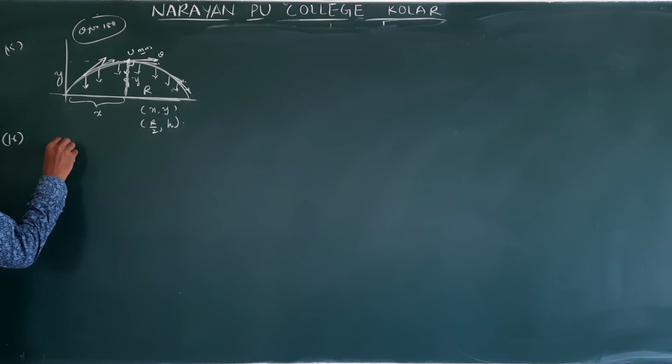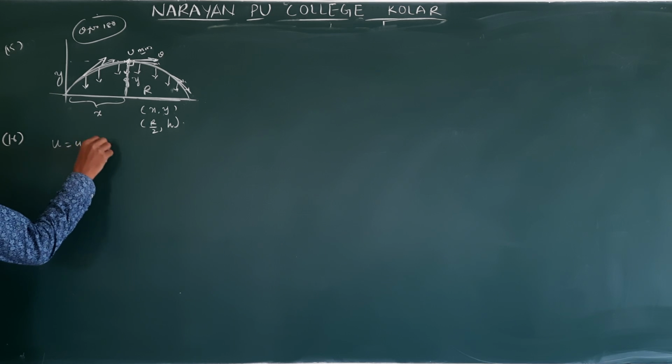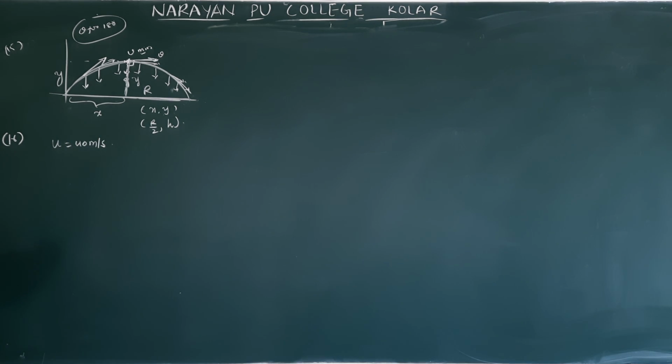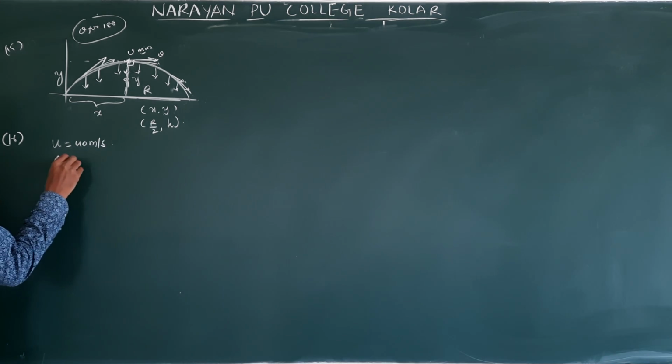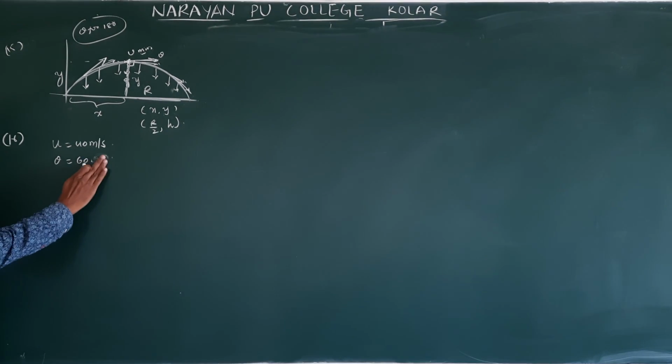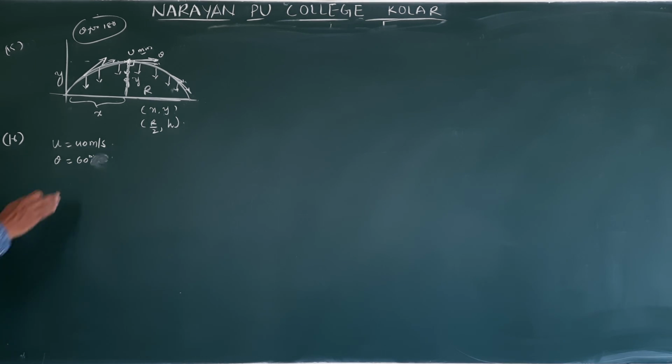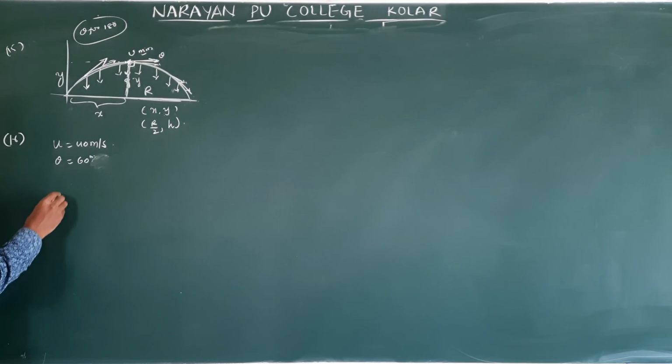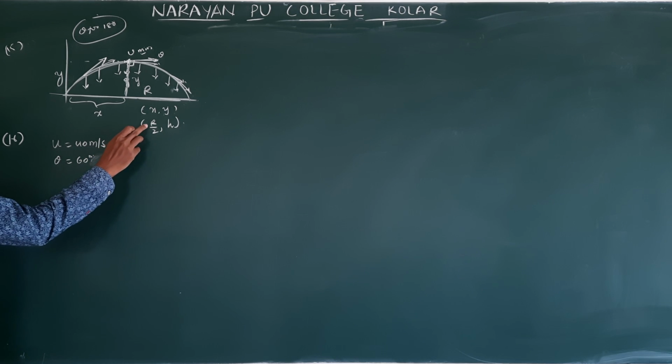Projection velocity is given as 40 meters per second. Angle of projection theta is 60 degrees. Clear? First try to find H or range. Range we require R by 2.